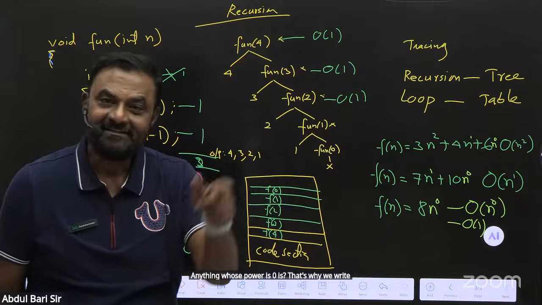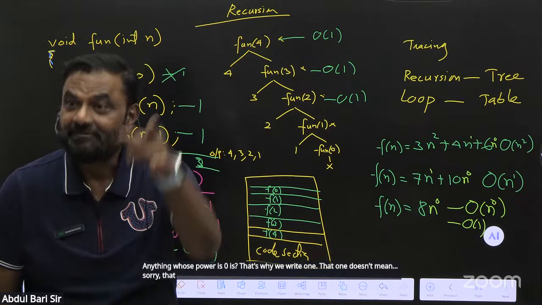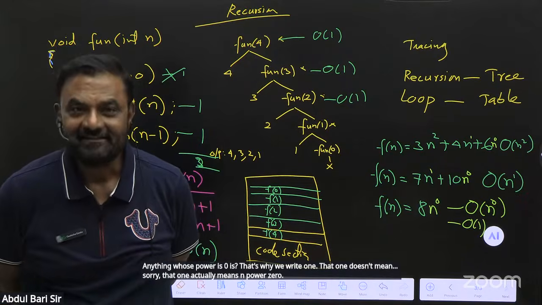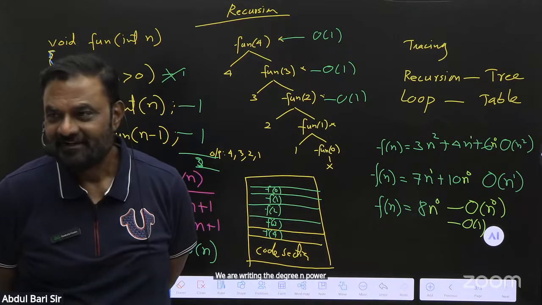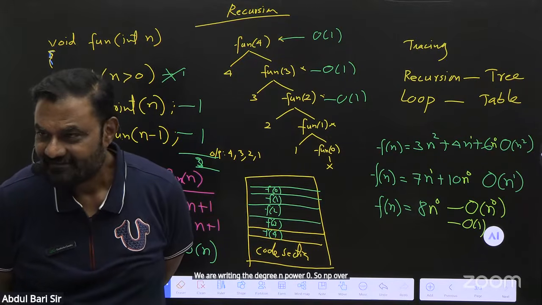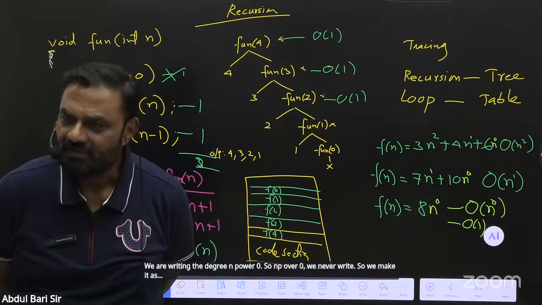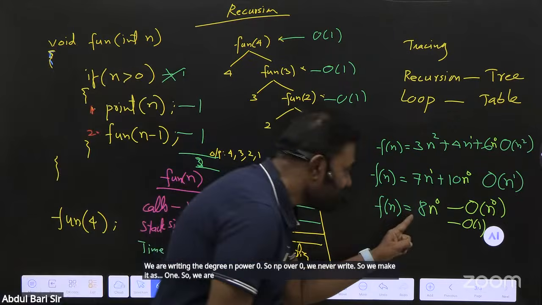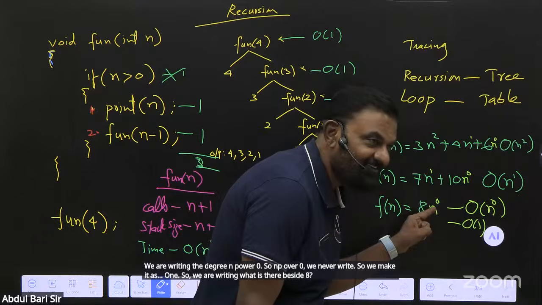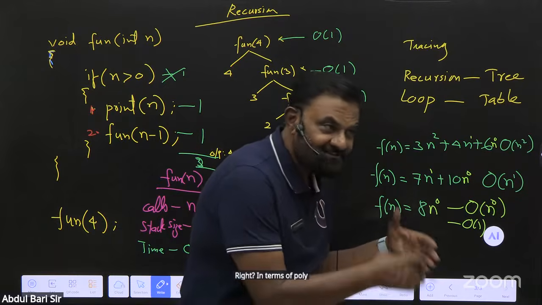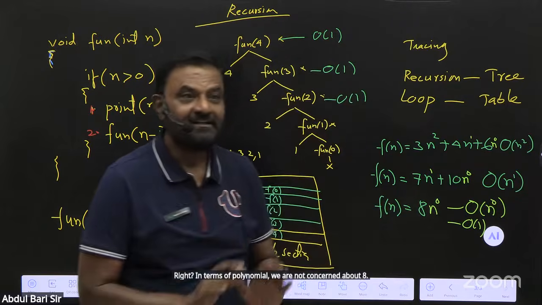That 1 actually means n power 0. We are writing the degree, n power 0, but n power 0 we never write, so we make it 1. In terms of polynomial, we are not concerned about 8. We are concerned about degree. Degree is 0.